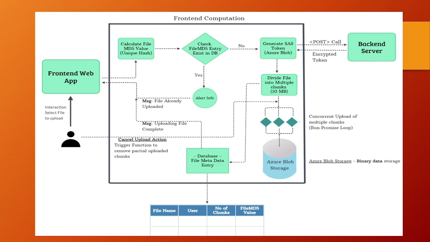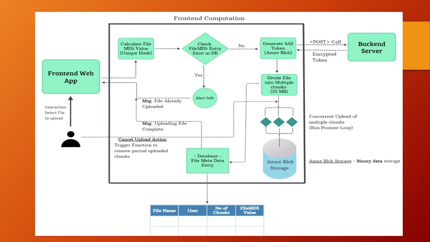Then we check whether that MD5 value exists in our database or not, because every time we upload a file to Azure Blob Storage, we save its metadata to our database as well. So before going further in our loop, we check whether that MD5 value exists. In this way, we are preventing replication of our data.